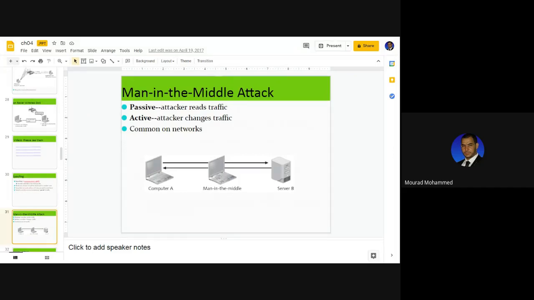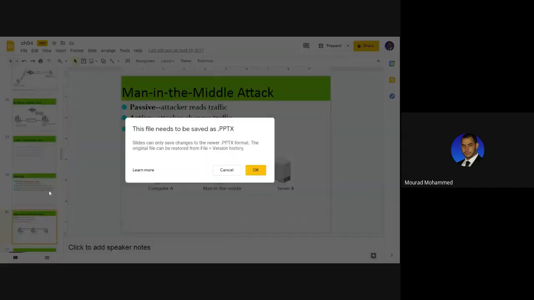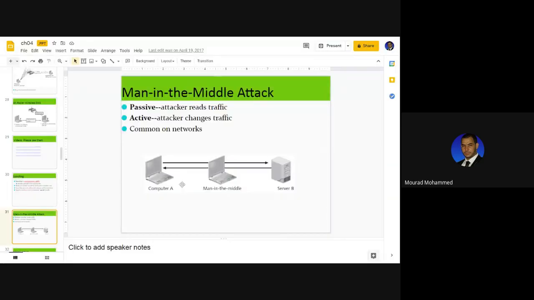The attacker does not tell B, hey B, I'm attacking you, or tell computer A, I'm attacking you. No. It is without giving any hint. It would enter the flow in between, and we saw the techniques. If it is a passive attack, we're talking about sniffing. If it is an active attack, we are talking about spoofing. And it is a very common network attack or network vulnerability.